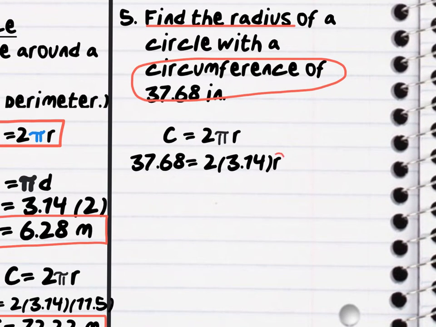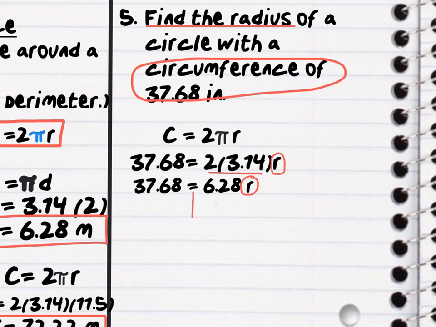Actually, before we circle r, we want to first simplify this. So 2 times 3.14, we're going to simplify it to 6.28. Okay, so now we can circle the radius and draw our line underneath the equal sign.